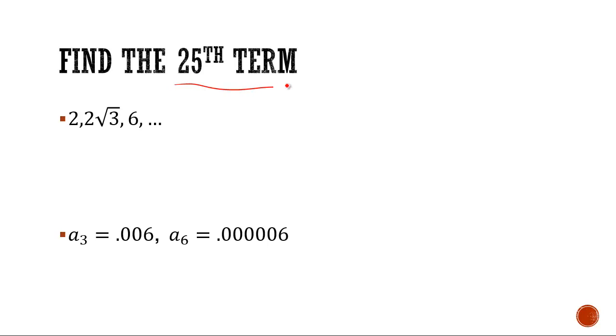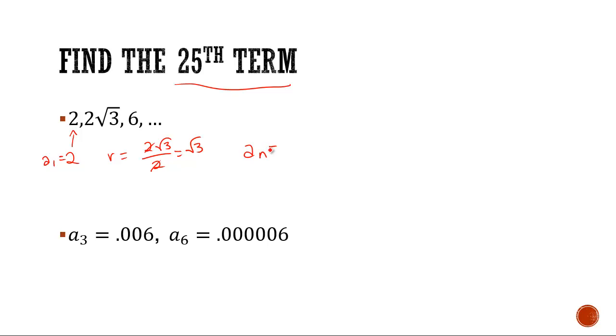Now, what if we want to find the 25th term? Well, first we need to find the general term, and then we can plug in the 25 for n. So here, we have 2 as our first term, and our ratio will be 2√3 divided by 2, which is √3. Now you can check the ratio with the other, but it will still give you √3.